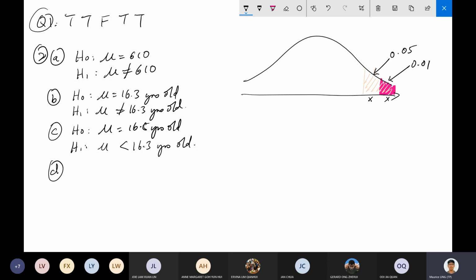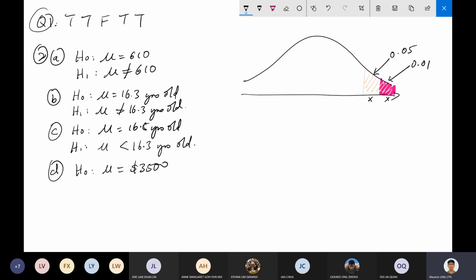The average credit card bill is 3,200. A student feels that the average Singaporean is less than that. So he surveyed 50 randomly selected Singaporeans and found the average is 3,500. So is the report correct? So based on hypothesis, the null hypothesis is the average debt is 3,200.